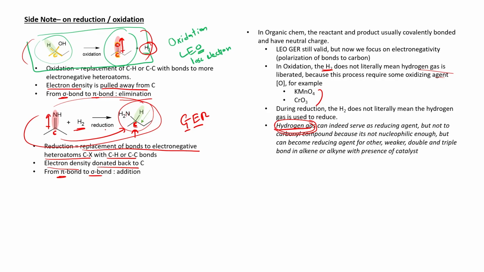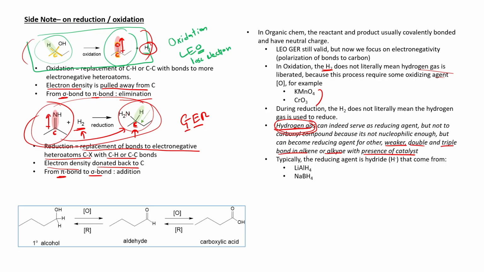If we use hydrogen gas as a reducing agent, we do it for the weaker double or triple bond in alkene and alkyne, with the presence of a catalyst. Typically the reducing agent, for example for this amide, is hydride, for example lithium aluminum hydride or sodium borohydride, like we said before.